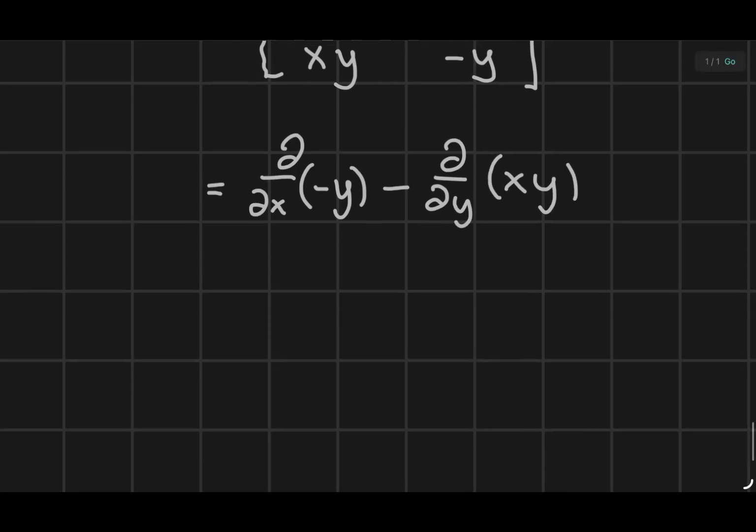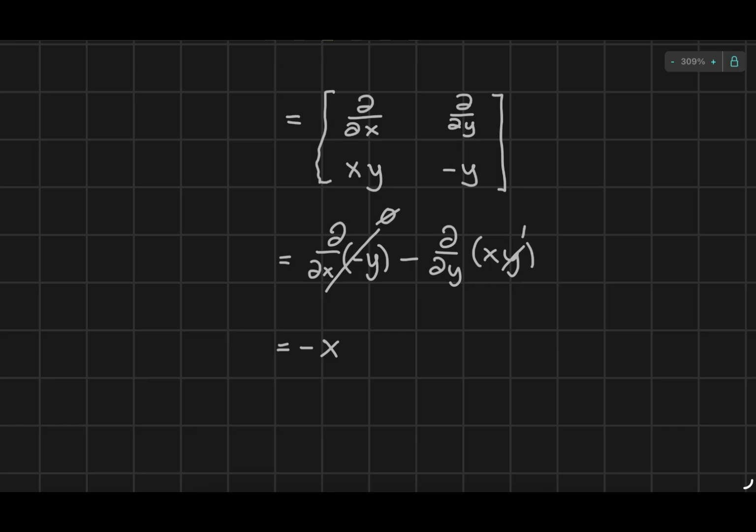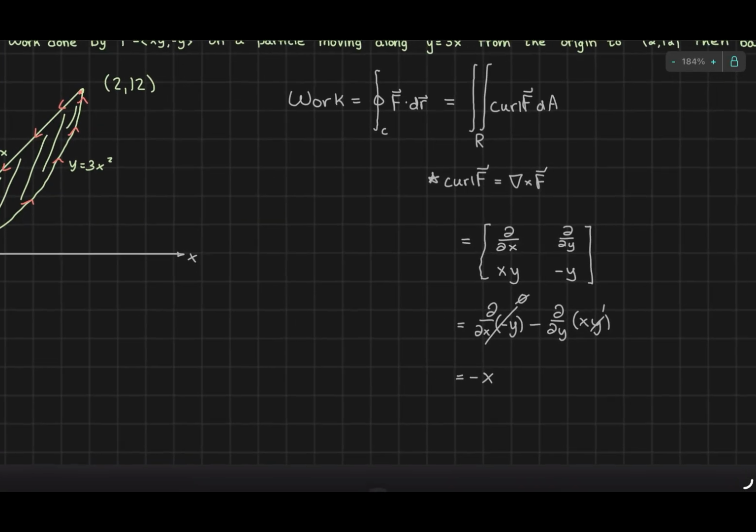Well, that negative y with respect to x is treated as a constant, therefore that's going to be 0. So this is going to be negative the derivative of xy with respect to y. That y is going to turn into 1. Therefore, it's just going to be negative x. So it looks like that's our integrand.